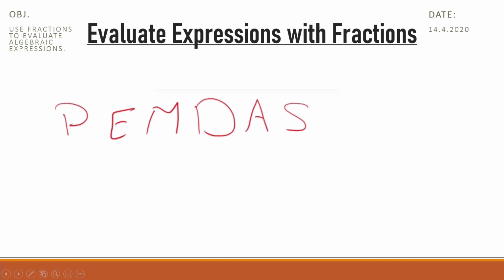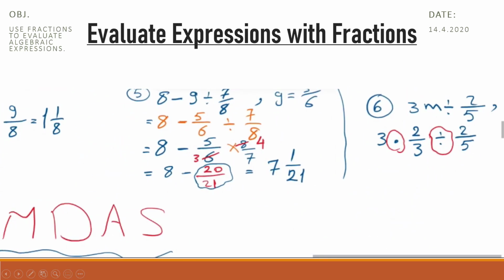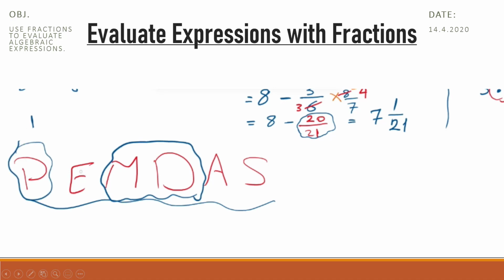According to this order, we have here multiplication and division. Multiplication and division in the same step. So this is step 1, this is step 2, step 3 here, and this step is 4.